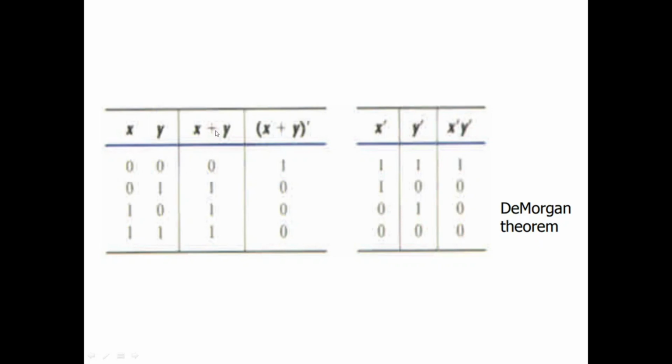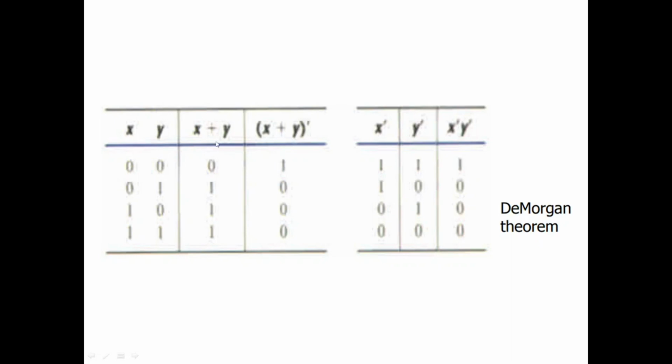From this we have to find the value of (x plus y) the whole dash. So we can't find the value for (x plus y) the whole dash directly. So we can find it by finding x plus y, and after that we can take the complement of this x plus y.